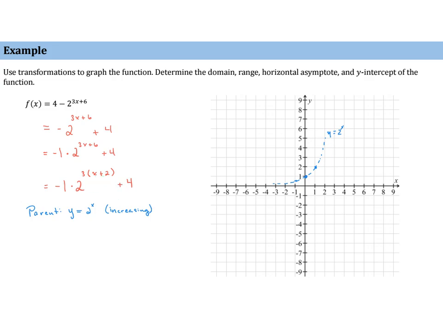So let's deal with the horizontal transformations first. We have the 3 and the +2. So the 3 corresponds to a compression horizontally, and the 2 corresponds to a shift left 2 units. So remember, order matters. So we compress by a factor of 3, actually by a factor of 1/3, we would say.